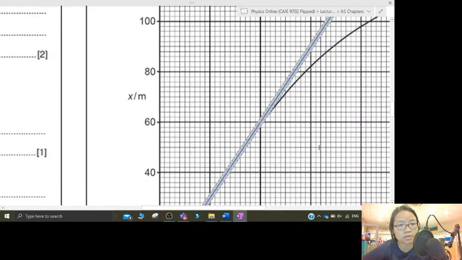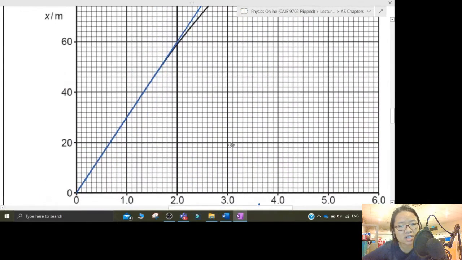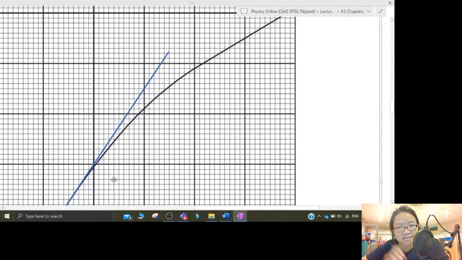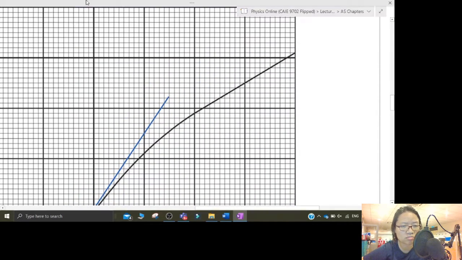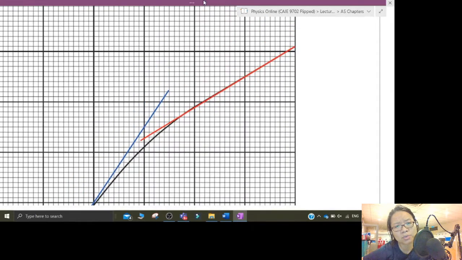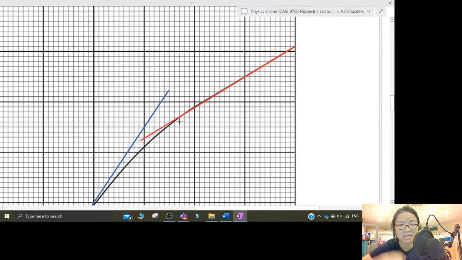You can see from this graph, the gradient is fairly constant when the value of t is small, and then after a while it is not constant anymore because I drew a straight line. And then you notice that at the end of the motion, it is somewhat constant as well. The only part that is not constant is the middle portion. Okay, so I'm just going to label off that part for you here, and you can see, how do I know?